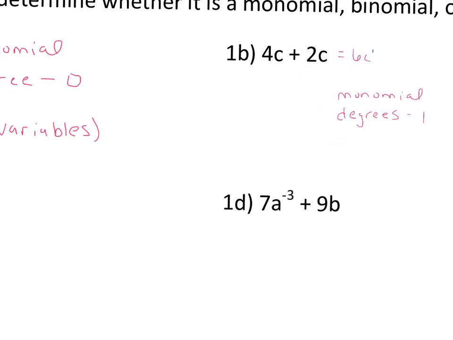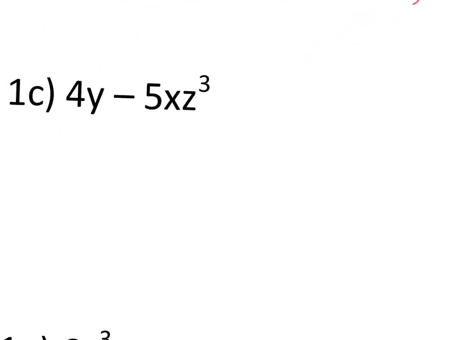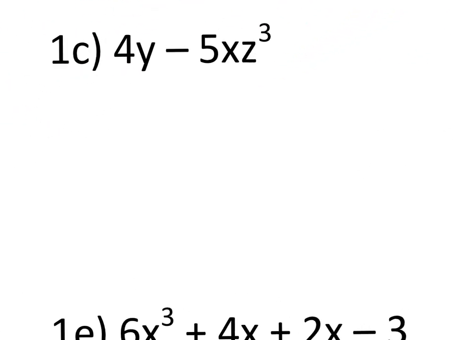Okay, so now let's go to 1c here. First thing we do is combine. Can't combine. So now I'm looking at, okay, if there are two parts, that is a binomial. Two parts meaning bi. Monomial, mono means one. So the other two had just one part. So since this has two parts, this is a binomial, and it cannot be simplified.